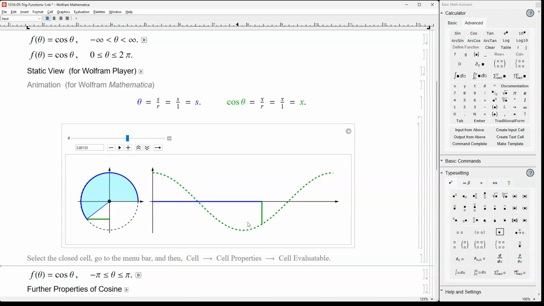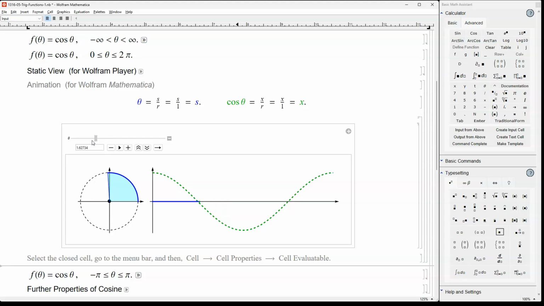This horizontal and that vertical must match. And now back to positive. That's the graph of the cosine function associated with the definition of the cosine function.